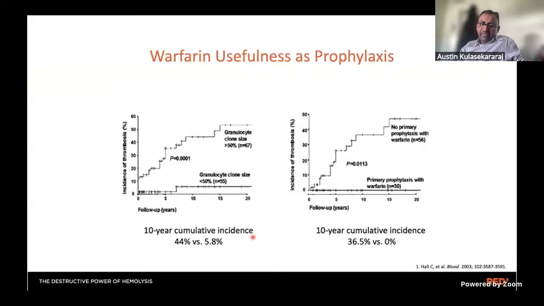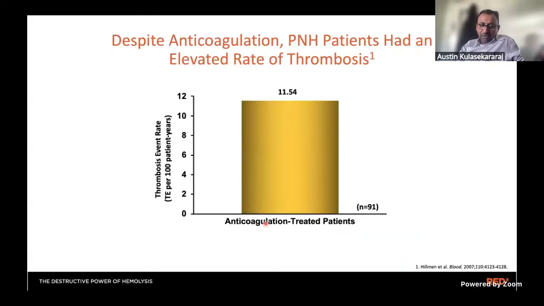This is very old data, nearly 20 years back, and this was where giving primary prophylaxis was started because of the granulocyte clone. So if you have more than a 50% granulocyte clone, the incidence of thrombosis is close to 50%. But if you give them primary prophylaxis, the incidence was significantly reduced. While if you did not give them primary prophylaxis at that time, warfarin, this was very high as well.